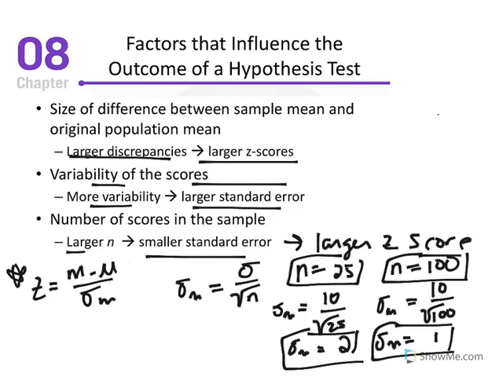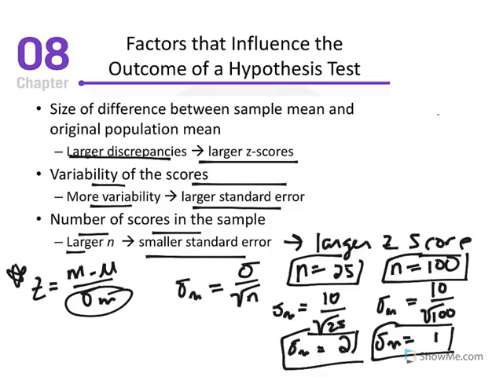That produced a smaller standard error. So again, here we see larger sample size will produce a smaller standard error, and we saw that. Larger sample size from 25 to 100 illustrated here produced a smaller standard error of 1, and that's going to generate a larger z-score. And again, the reason being is that when you divide by a smaller number, the z-score is going to increase.